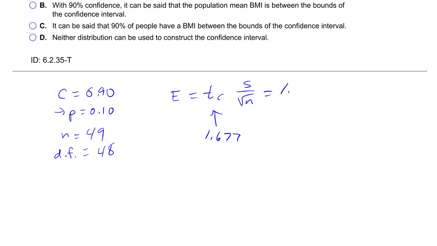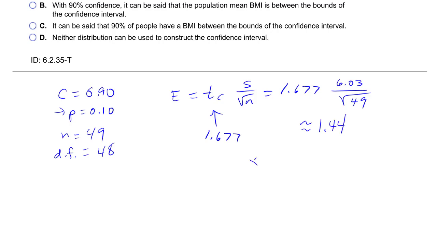So we get 1.677 times s, so s from above was 6.03, over the square root of 49. And from this we get approximately 1.44.